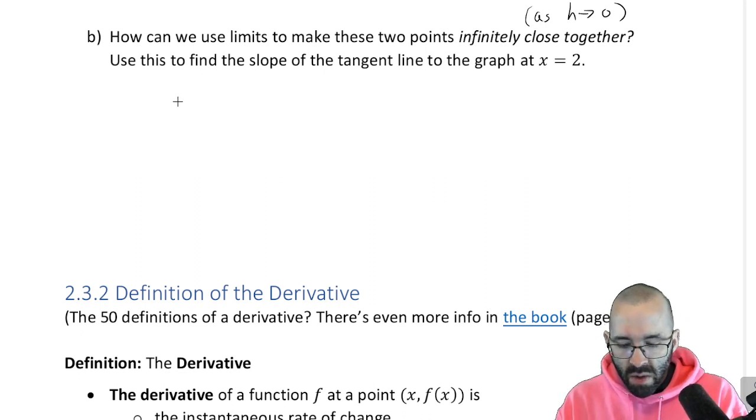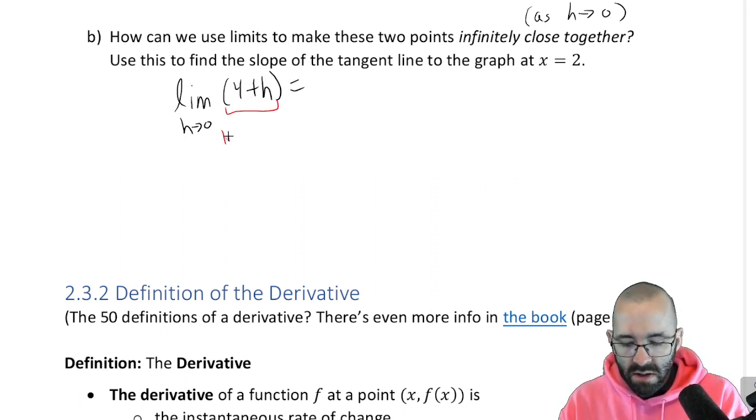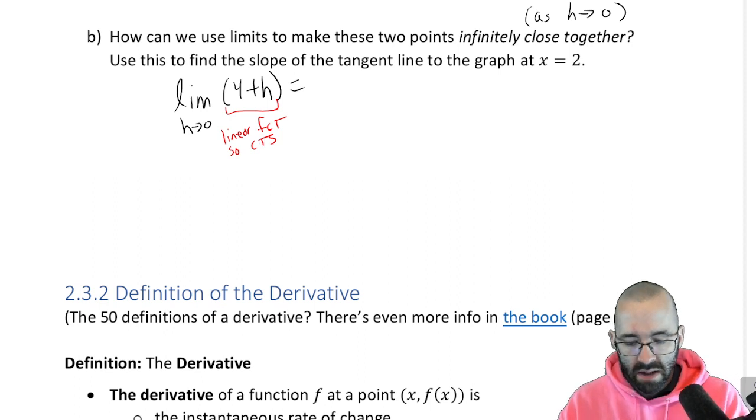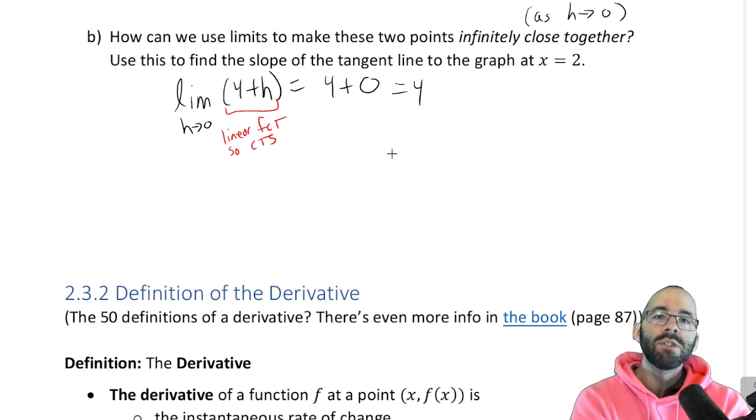So what we want is the limit as h goes to 0 of that slope. But again, this is a linear function, so it's continuous. So the limit equals the function value, and we can just plug in 0. And you've now done your first derivative.